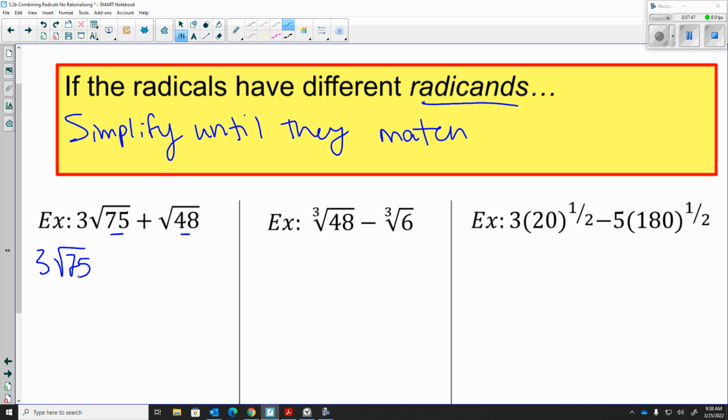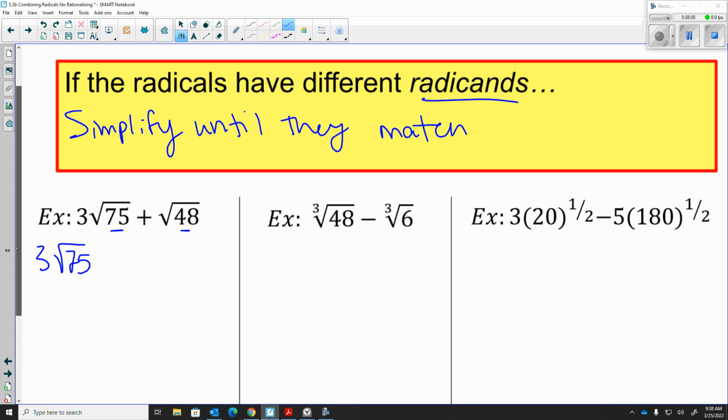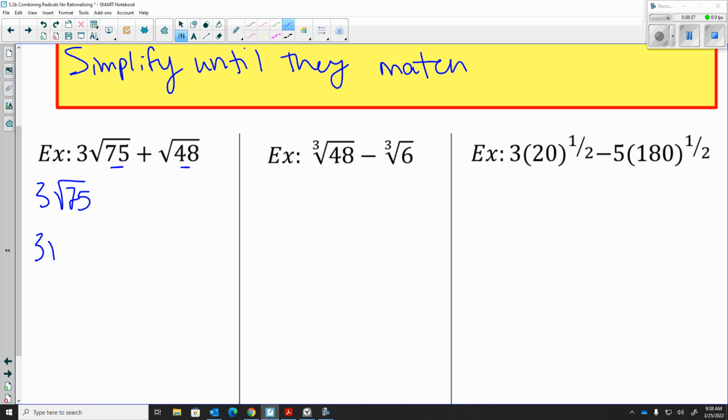So if I want to simplify it, what types of numbers do I need? I need perfect squares. I'm trying to break it down. Are there any perfect squares that go into 75? 25 times 3. So that's 3 times the square root of 25 times 3.